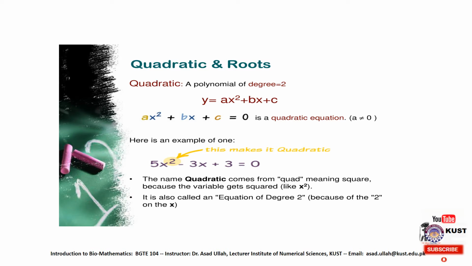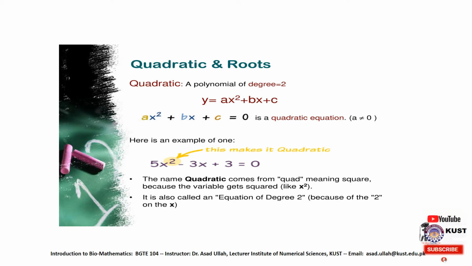Now what is meant by quadratic and roots of the quadratic equation? Before going to define roots of the quadratic equation, what is meant by quadratic? The term quadratic comes from quad, meaning square. It means that the highest degree in the quadratic equation is equal to 2.